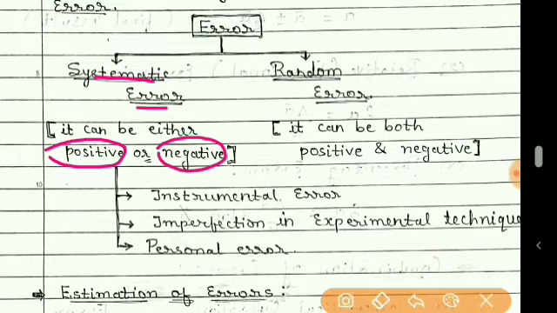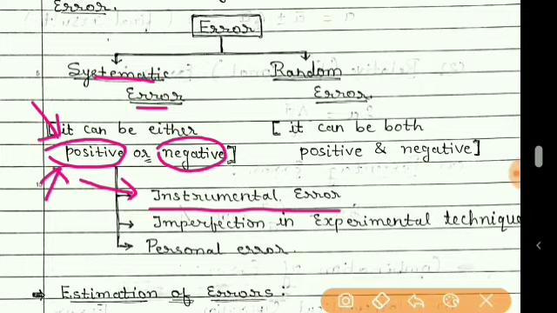Why does this type of error arise? It can be due to instrumental error, meaning if the instrument has error or if it is defective, then it will show one kind of error. If the instrument is showing a positive error, then that instrument will always measure with values which have error, and always that error will be positive for that instrument.